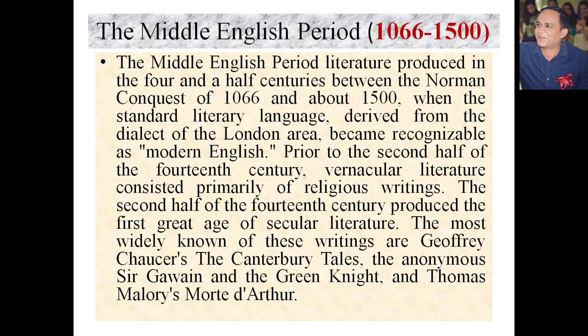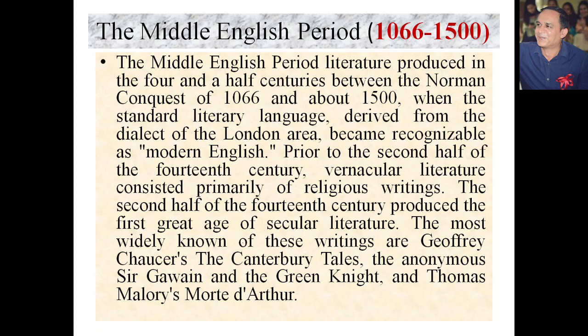So then we begin the Middle English period, which begins exactly after 1066 till 1500. So the Middle English period literature was produced in these nearly 4.5 centuries between the Norman Conquest of 1066 and 1500.